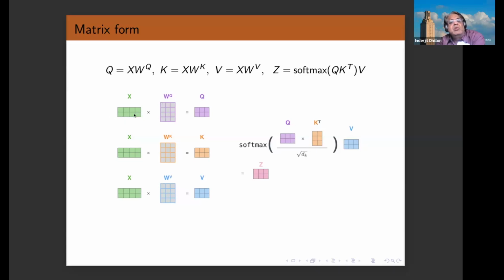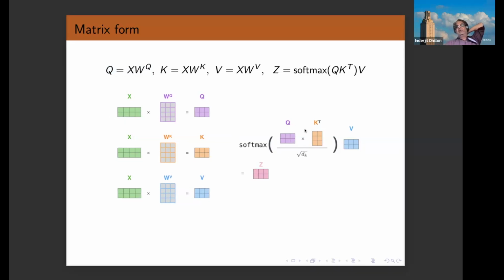So you would do this query vector for both the tokens. If there are n tokens, there will be n rows in this query vector. Similarly, you'll have not just a single key vector, but a key vector corresponding to each of the tokens. And similarly for the value, it's no longer a value vector, but a value matrix, except that each row corresponds to a different token.